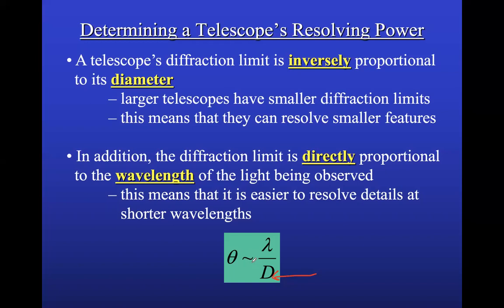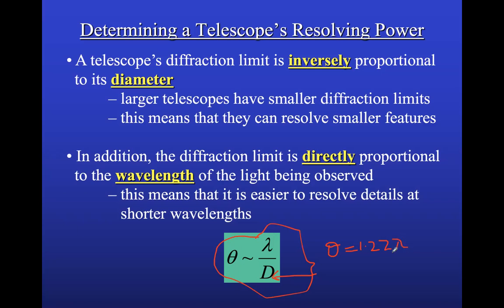So that's the idea here. Now this particular equation, I want you to remember this one: diffraction limit, and sometimes we write this as theta equals 1.22 lambda over D as well. This is also correct.